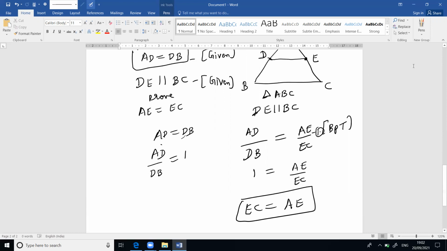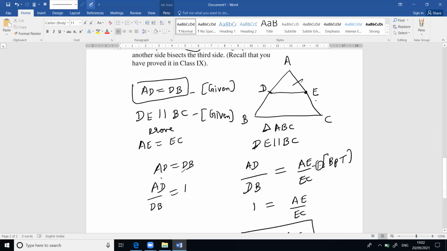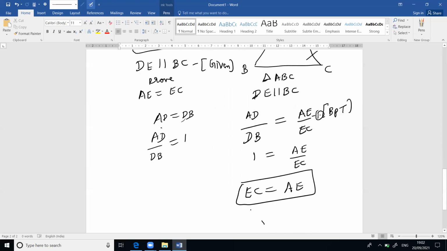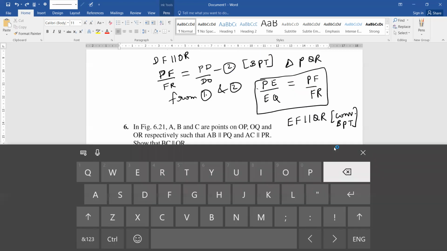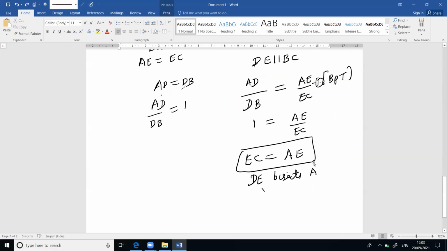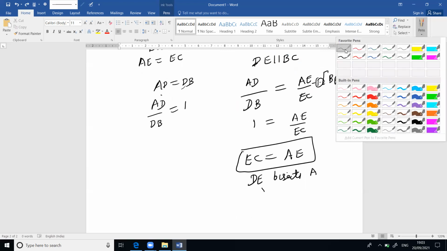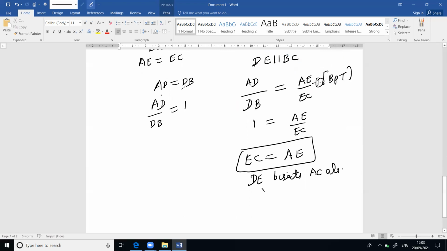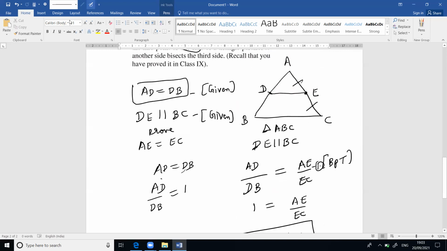That means AE is equal to EC. That means DE is bisecting AC. What does DE do? DE bisects AC also. So here we have finished this.